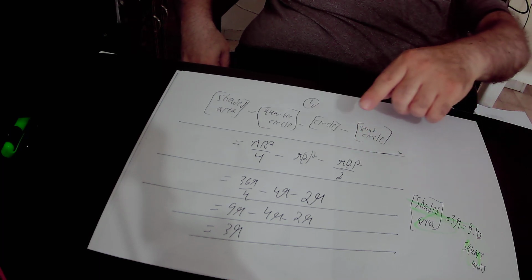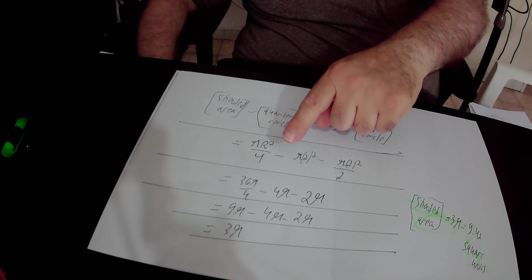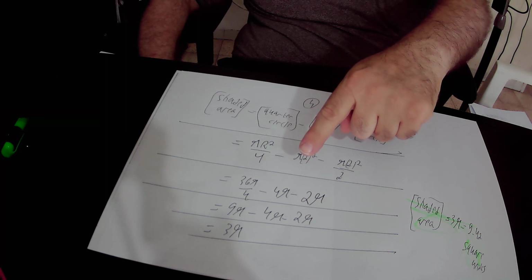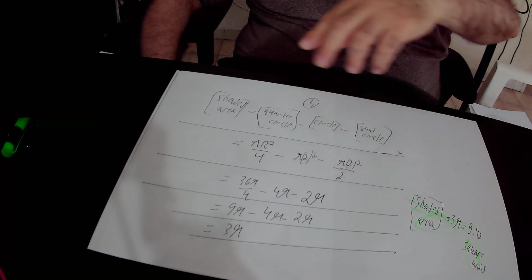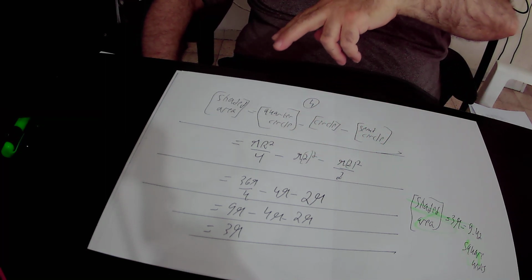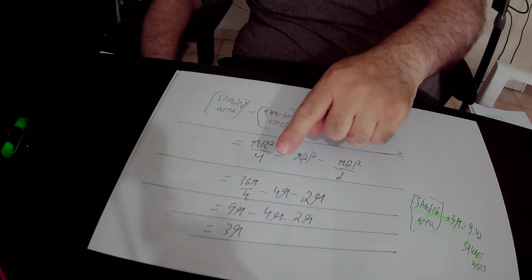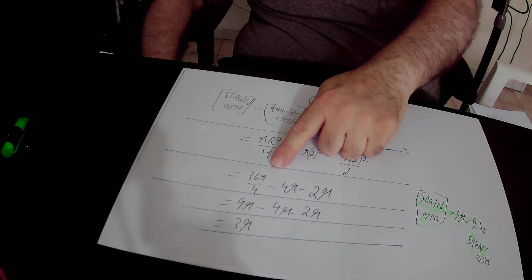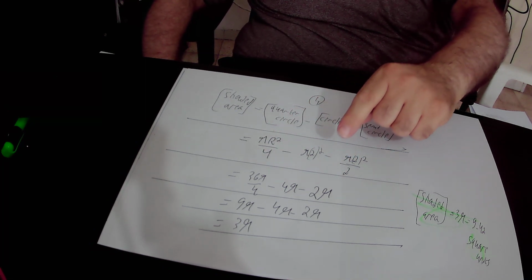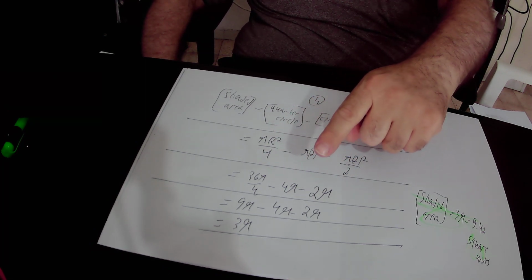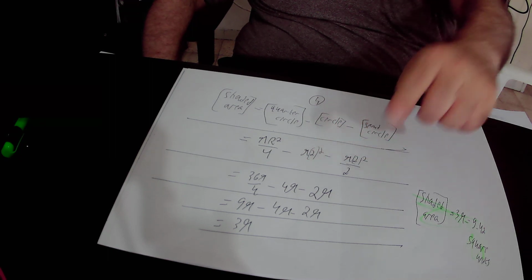So here, we found out that 36 over 4 pi minus 4 pi minus 2 pi equals the value of the shaded area. 36 over 4 is 9, so in total this expression equals 9 pi. 9 pi minus 4 pi is 5 pi, and 5 pi minus 2 pi is 3 pi.